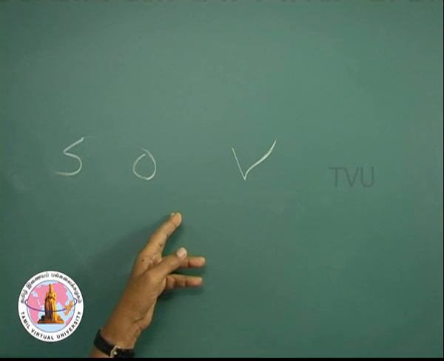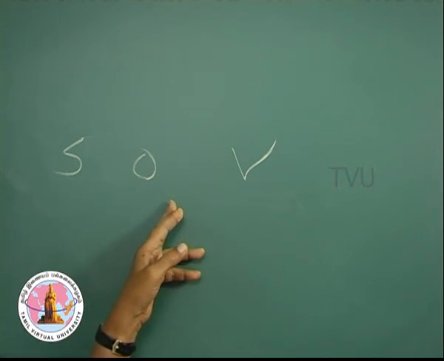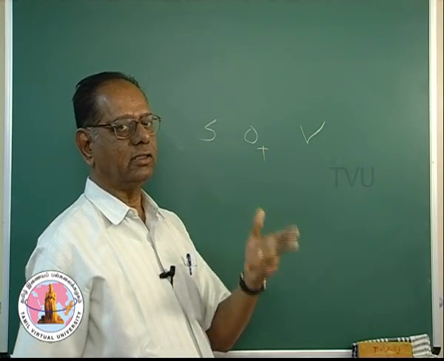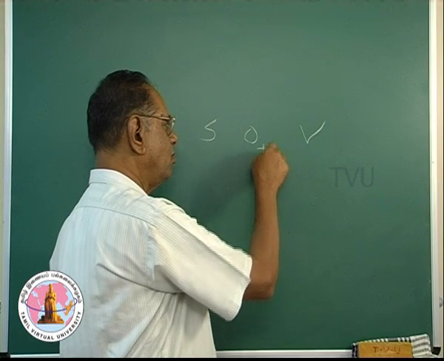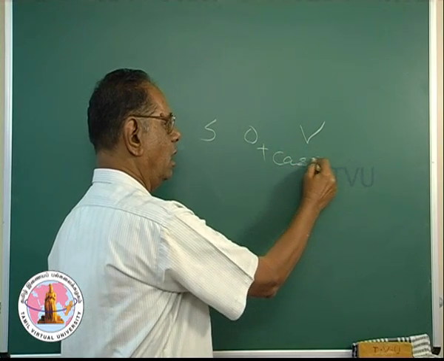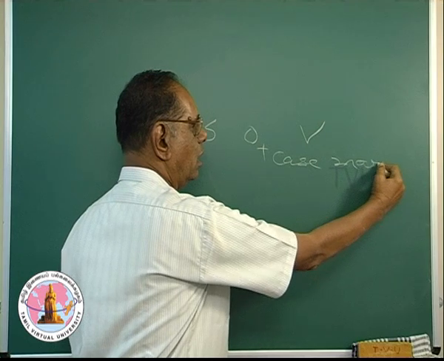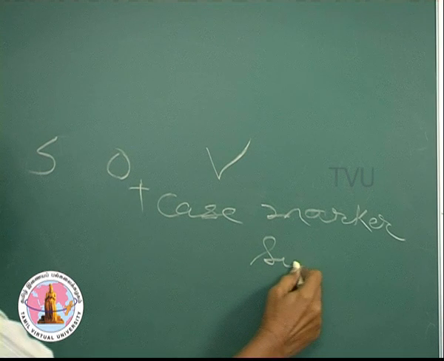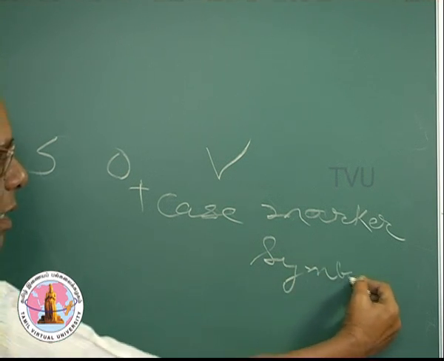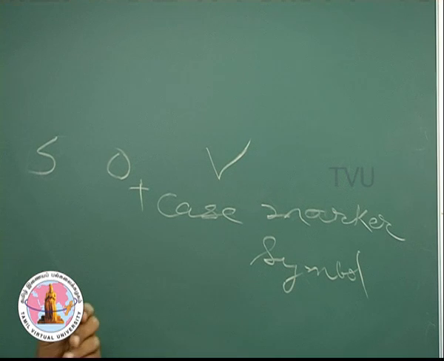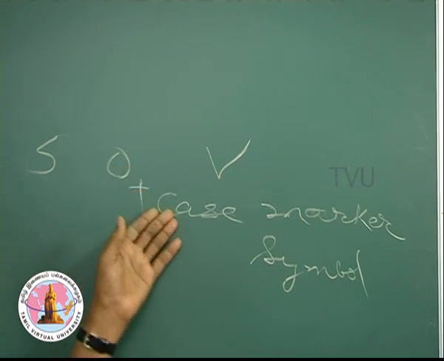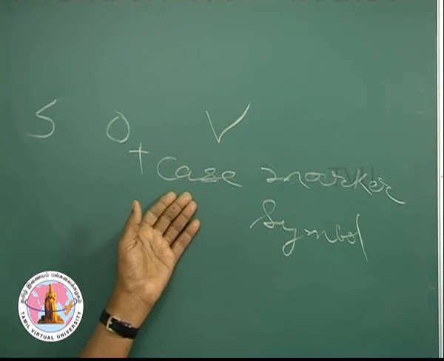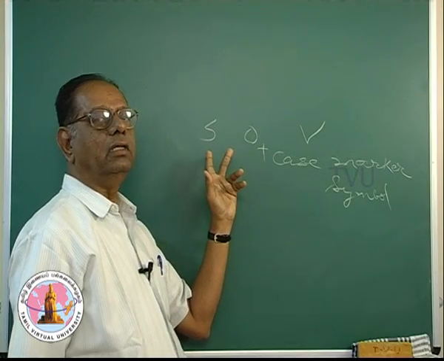So, to differentiate between the subject and the object, the object gets a case marker or a case symbol added so that you can differentiate between these two nouns.